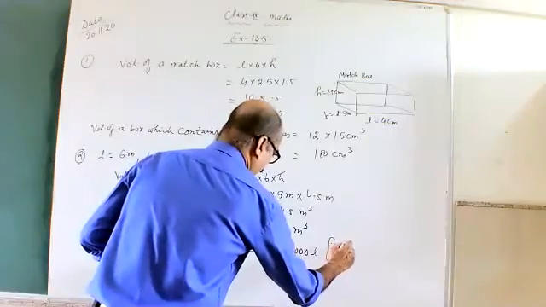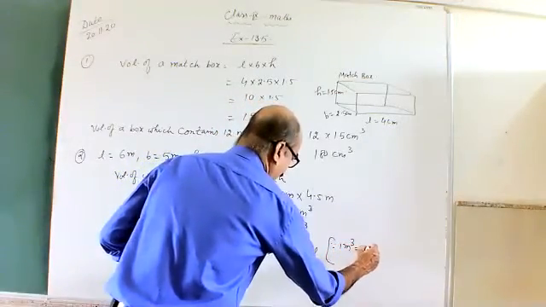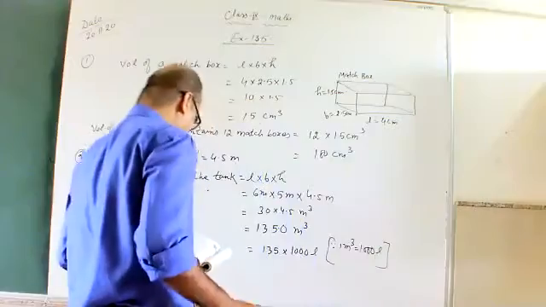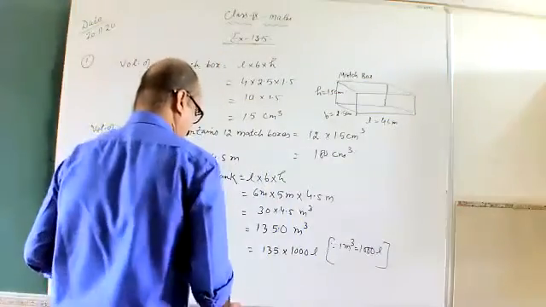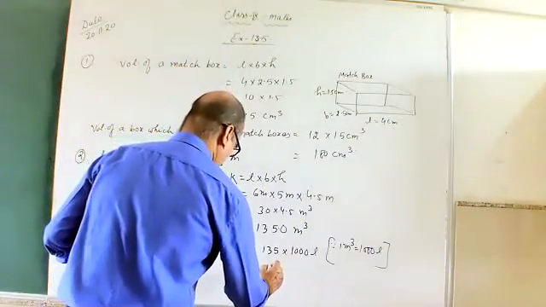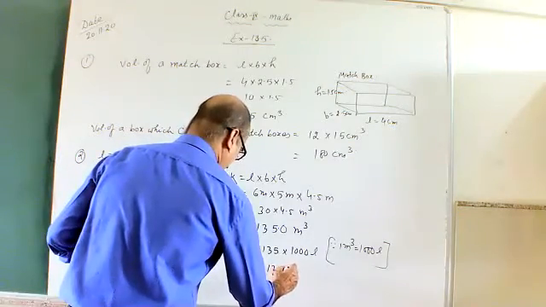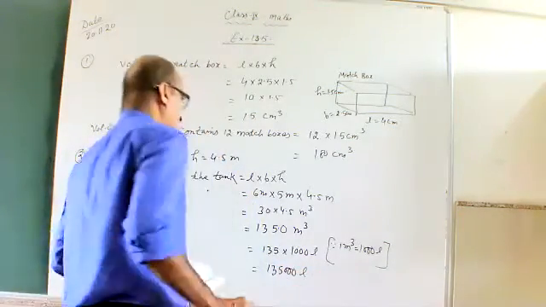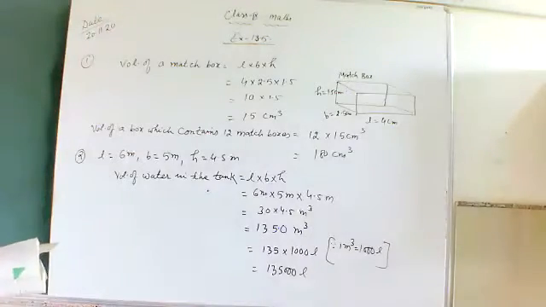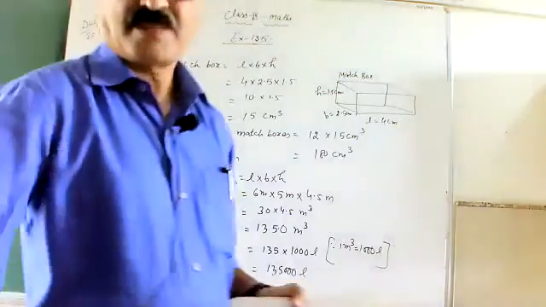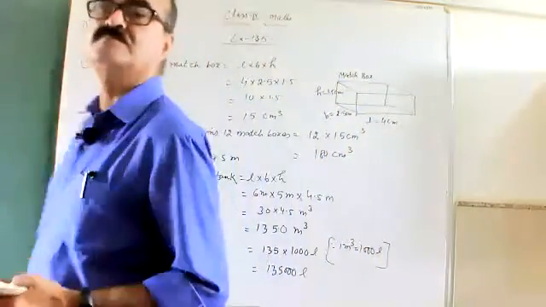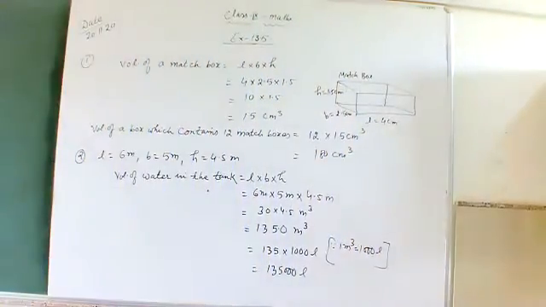Why? Since 1 meter cube is equal to 1000 liter. So this will be equal to 1,35,000 liter. So the volume of water in the tank will be equal to 1,35,000 liter. Clear? Why?